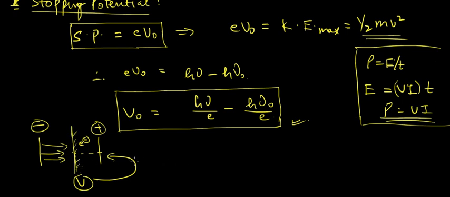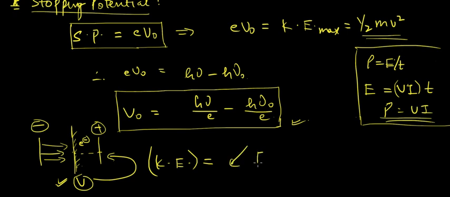Okay, so the kinetic energy of the electrons which are getting ejected from the cathode is this. So this is the energy which must be applied from the stopping potential or from the external potential.